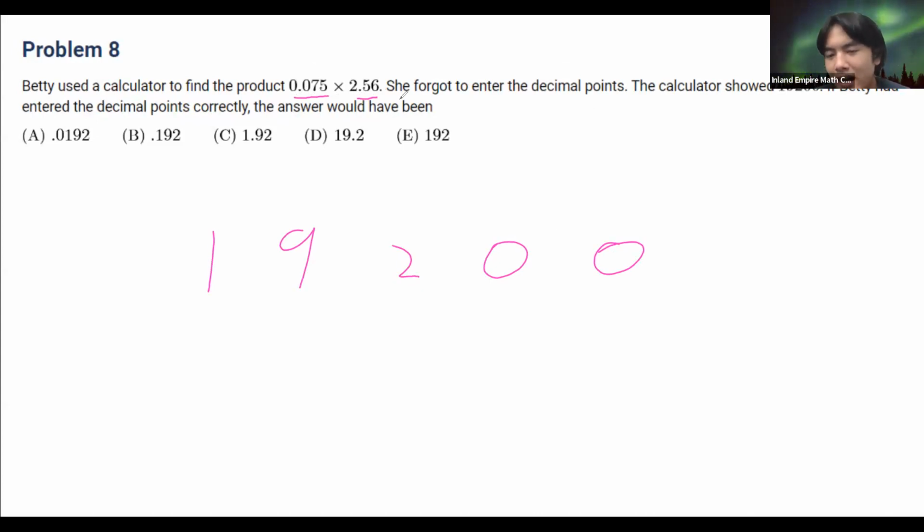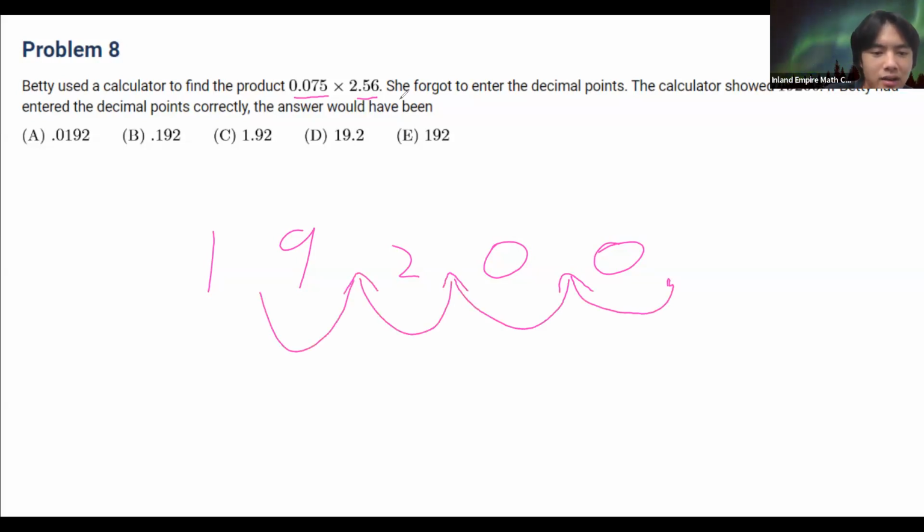So that means to get the right answer, you have to divide it by 100,000. So that's 5 decimal points. What you would do here is that right now the decimal point is right here, that dot after the 0. So you want to move it 5 places. 1, 2, 3, 4, 5. So here's your new decimal point. So the answer will be 0.192, thus B.